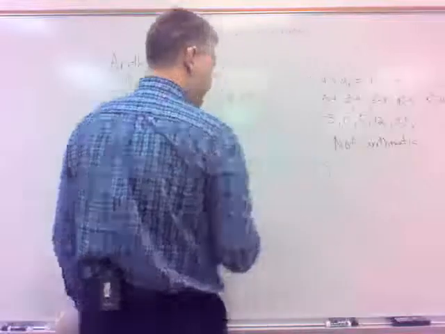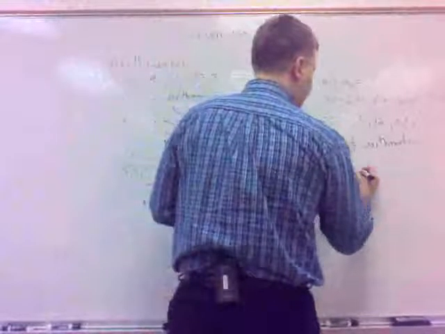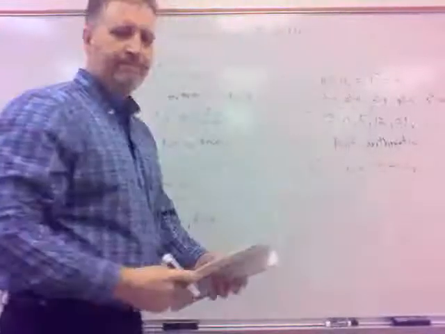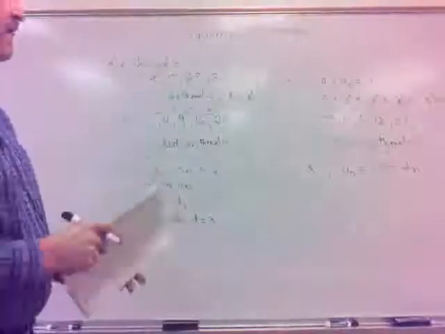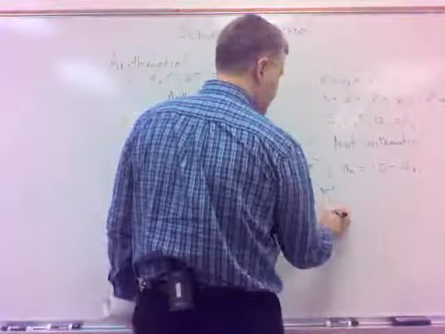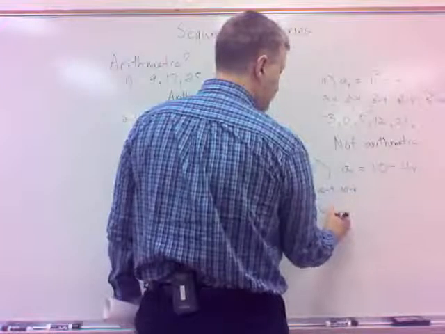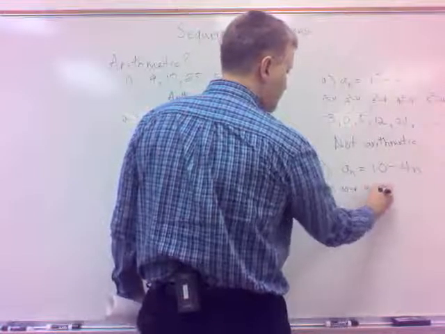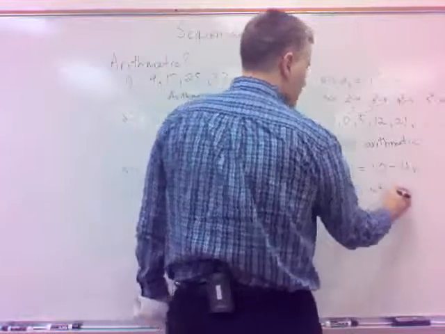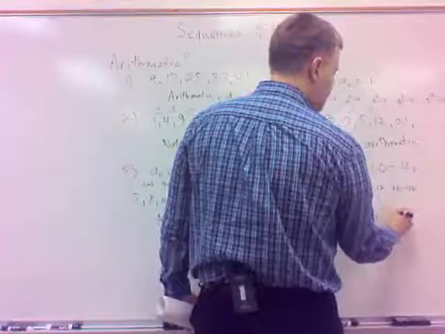All right, number 5. How about A sub n equals 10 minus 4n? Well, the first term would be 10 minus 4, which is 6. Second term would be 10 minus 8, be 2. Third term would be 10 minus 12, which is negative 2. The fourth term would be 10 minus 4 times 4, which is 16, that's negative 6.